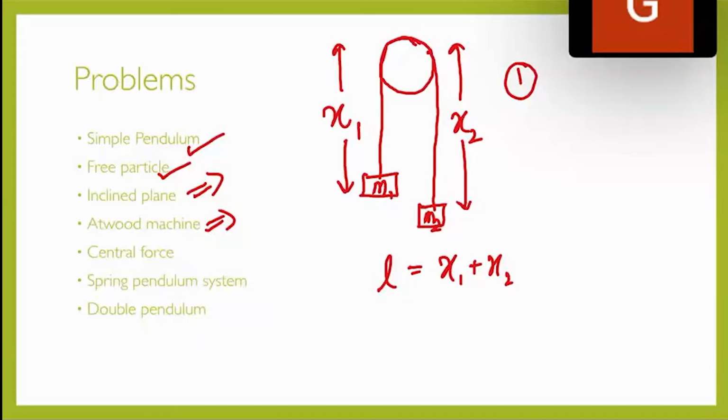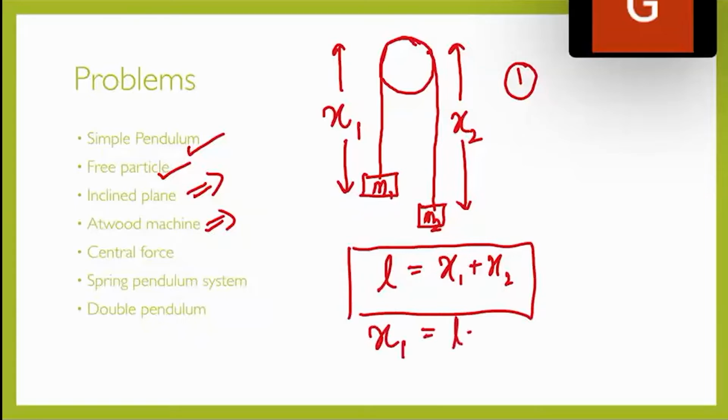Someone might think that it has two generalized coordinates, x1 and x2. However, if we look at this equation carefully, we get the dependency of x1 on x2. If the total length L is x1 plus x2, then x1 is nothing but L minus x2. Both are connected, so the independent variable is just one. You can take either x1 or x2, the other will be connected.